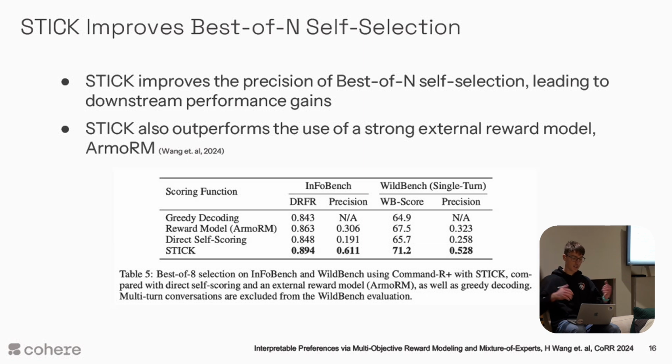And then going to the best of n selection setting, where we're generating multiple responses and finding the best according to our self-evaluations using the checklists, we again do better with Stick than if we use some reward model, Armo RM, which is a really good open source reward model, or if we try to directly score our responses in that open-ended way we've discussed, where I just give it a 1 to 5 score and try to select the best that way, which is less reliable in terms of precision, and that means it's also less reliable in terms of the score of the best selected response.